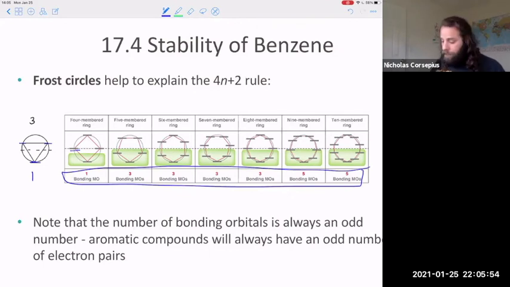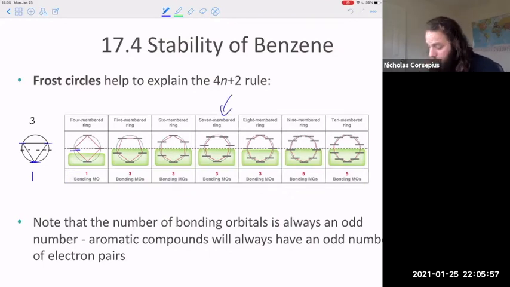If you don't draw it perfectly, when you draw the line in the middle, maybe some of your molecular orbitals fall below or above that line incorrectly. So it's a good idea to remember that we got 1, 1, then 5, 6, 7, and 8 all have 3 bonding molecular orbitals, 3 orbitals that sit below that line. Then we get to 9 and 10, those have 5. It's always an odd number. Having those numbers memorized will help you out.